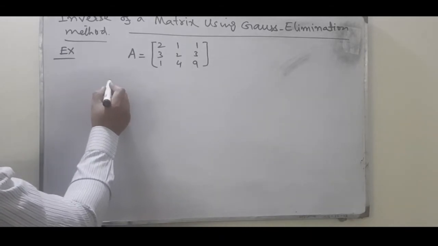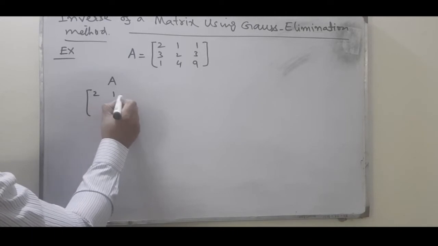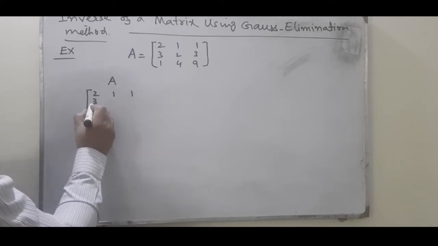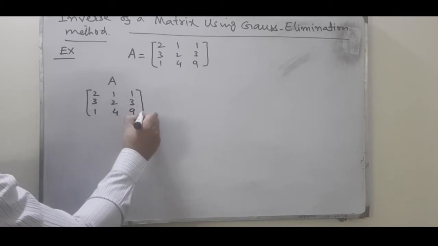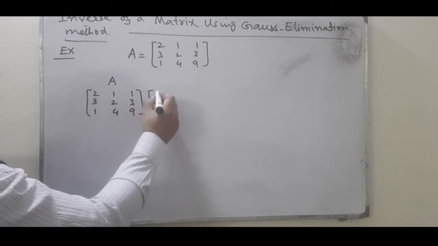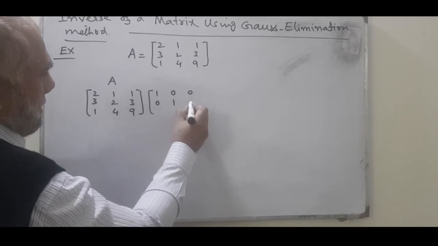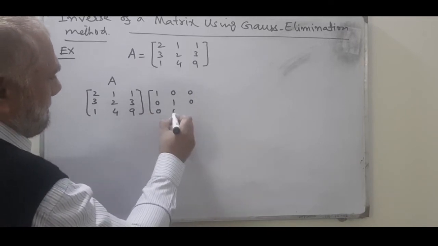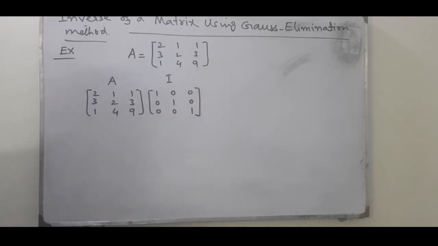The first step is to write the matrix A, and parallel to this, write an identity matrix of the same order as your matrix A. So this is the identity matrix.